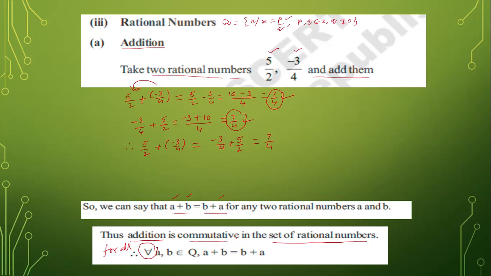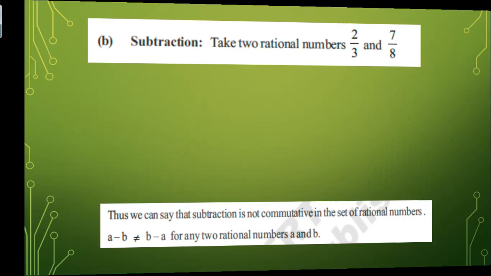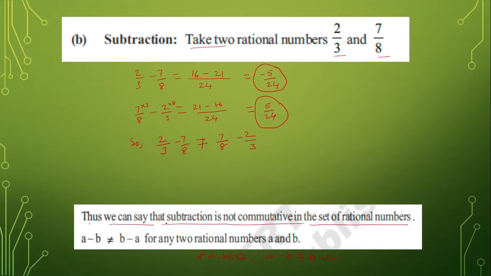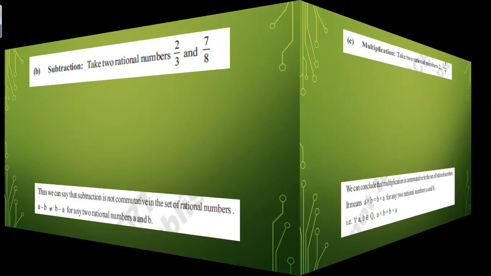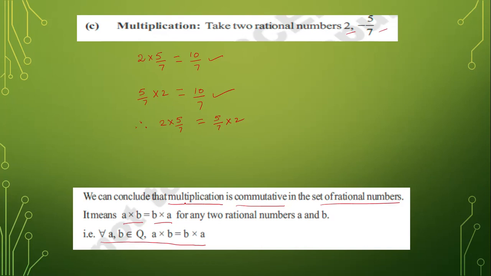The addition is commutative in the set of rational numbers. What about subtraction? You look at the bottom line. The subtraction is not commutative. Addition is commutative. Subtraction is not commutative. What about multiplication? The multiplication is commutative.